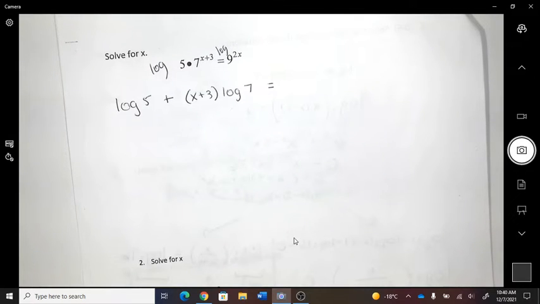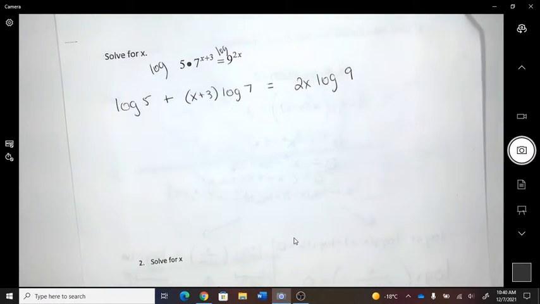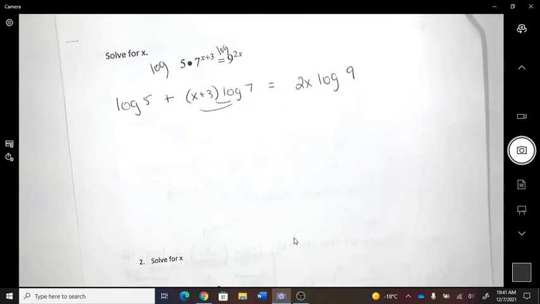Those were my rules. I split with add, and I moved any exponent to the front. It was really important to keep that exponent in brackets. And on the right side, it's an exponent moved to the front. That's like 1 point already if you apply the log rules. The next step would be that I'd have to distribute that.